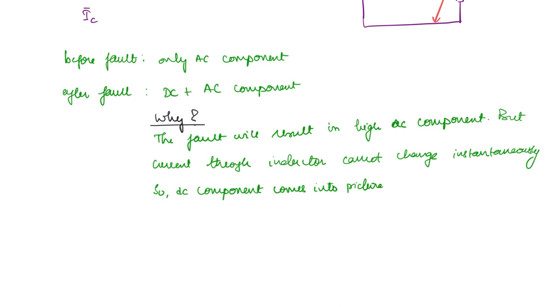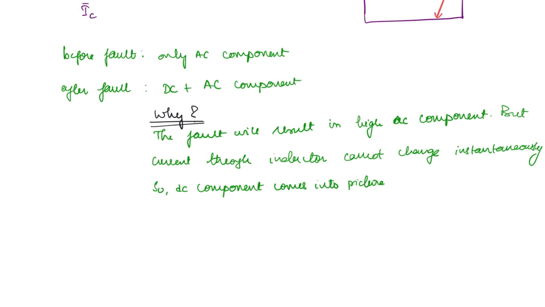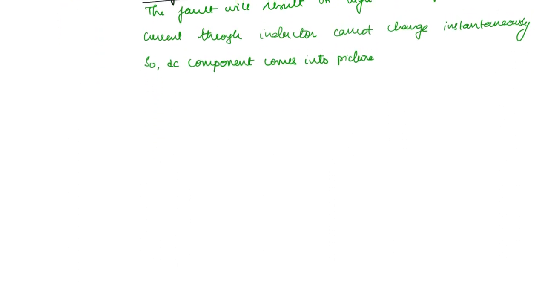This is the reason why you will be seeing a DC component after the fault in a synchronous generator. So how will the currents look after the fault?